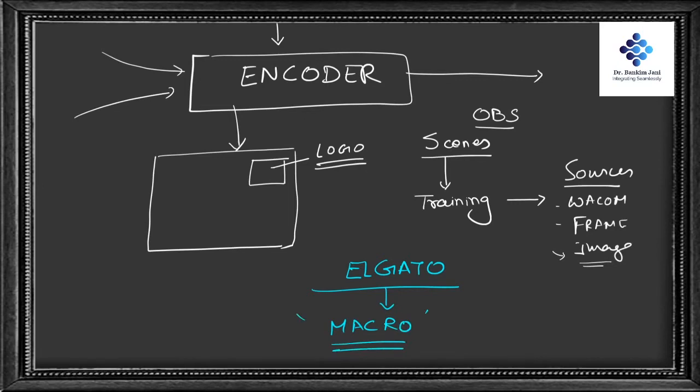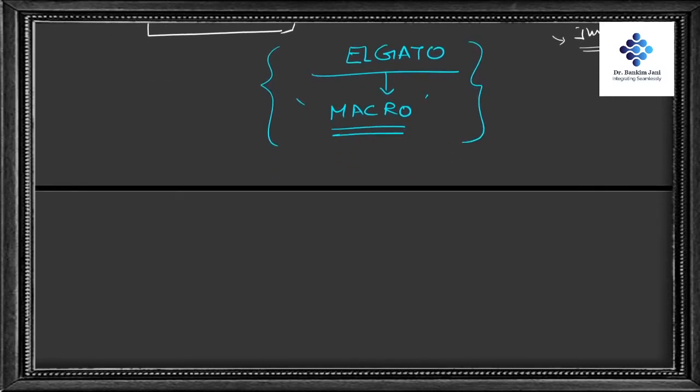So when we'll be discussing some high end practicals, because of this Elgato, it can carry thousands of macros. The only thing is you should know how you are defining it. But this is a system by which you can define all these macros.